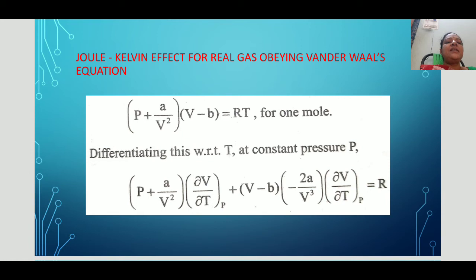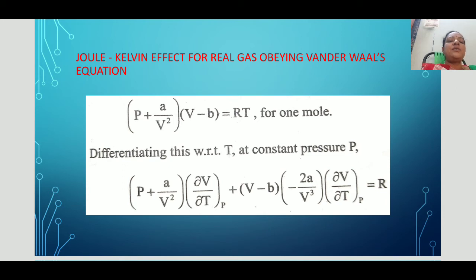Similarly, differentiating this with respect to T at constant pressure, what happens? Just use the u by v method formula: P plus A by V square, where A, B are constants here, into dou V by dou T at constant P. Similarly, keeping V minus B as a constant, V minus B into, as P is a constant, therefore minus 2A by V cube.